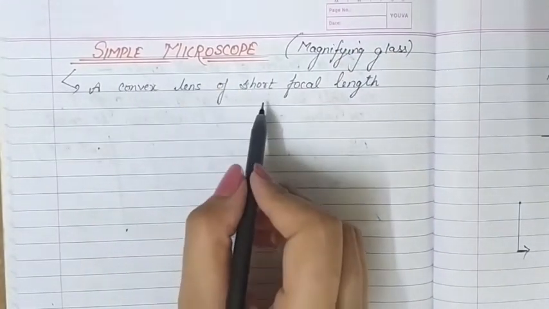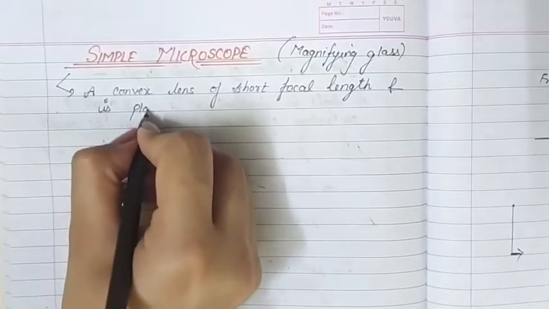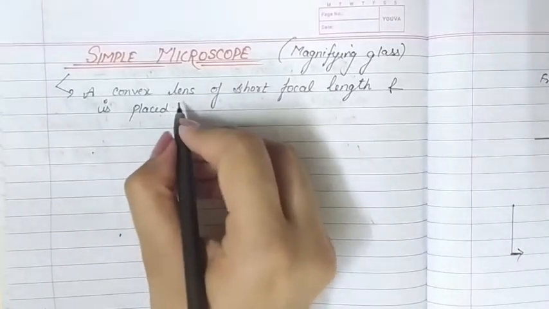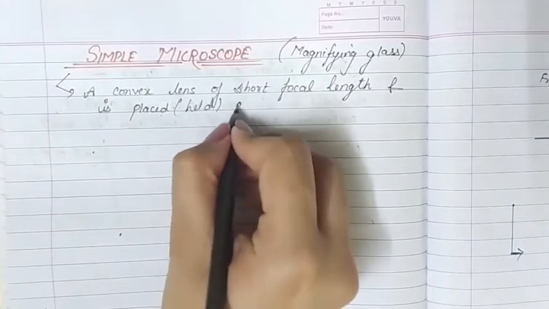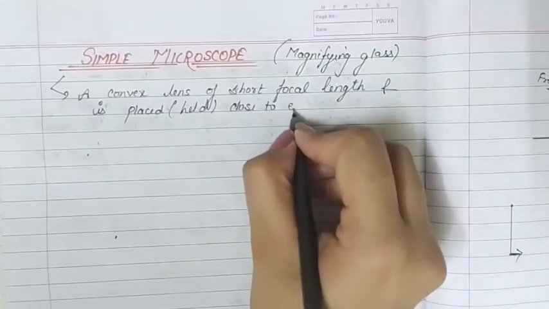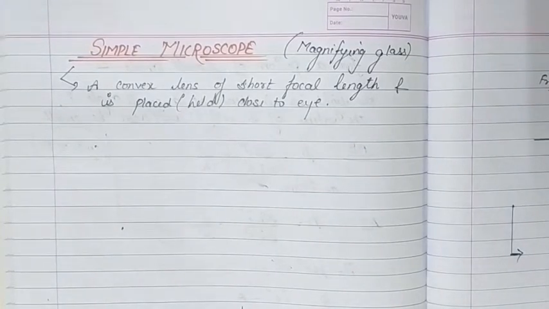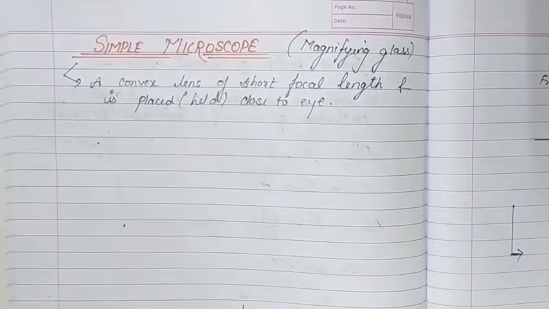So it should be of a short focal length and is placed, or we can say held, close to the eye or close to the observer. Then the lens works as a simple microscope or magnifying glass.